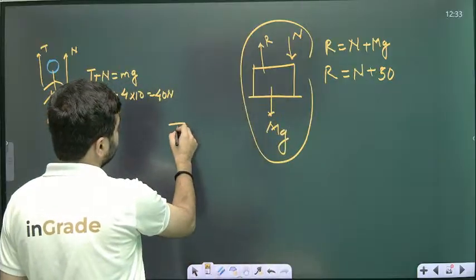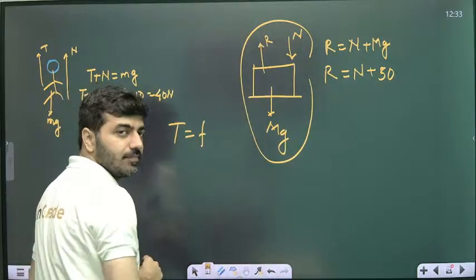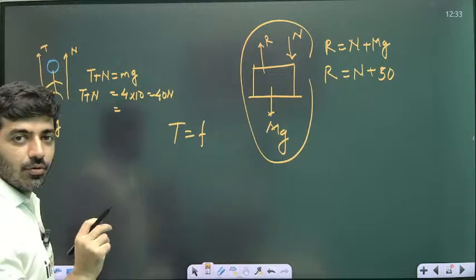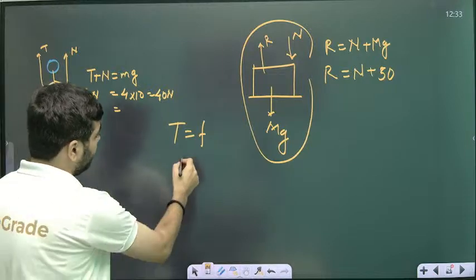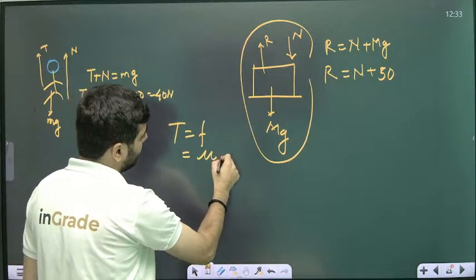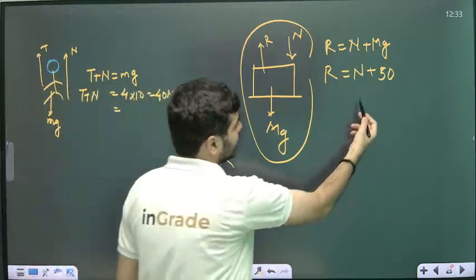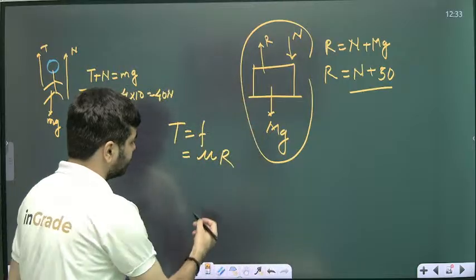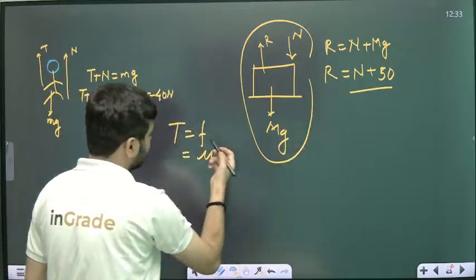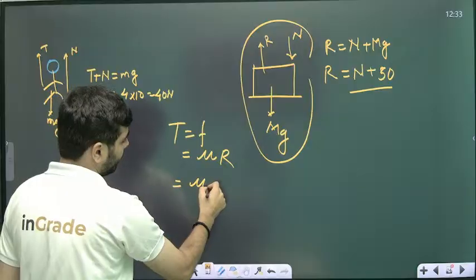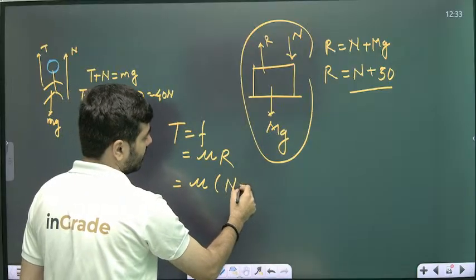Then T will simply equal the friction. I have taught you earlier that friction is simply mu R, and R is the reaction force we have like this. Put the value of R in this equation: mu times N plus 50.